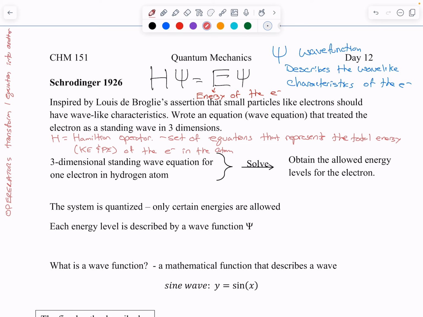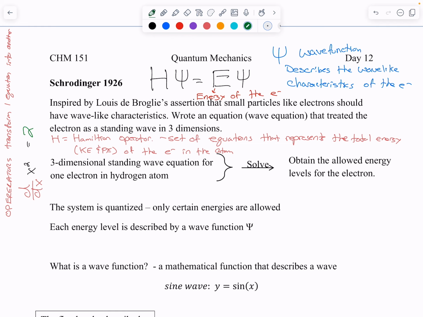So for example, d over dx of x squared equals 2x. So some of you know that, some of you don't. If you've taken like Calc 1-ish, maybe late pre-calculus or Calc 1, you've done derivatives, right? And so 2x is the rate of change of x squared. It's the derivative, right? And so the operator, taking the derivative, is actually an operator, okay?